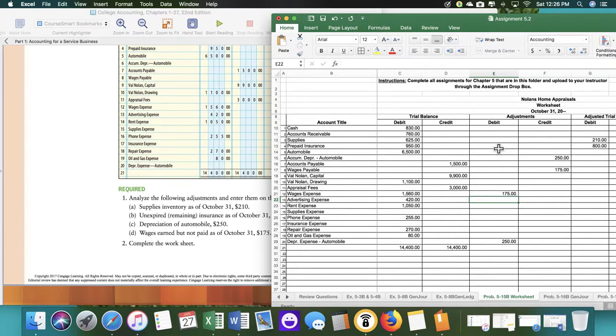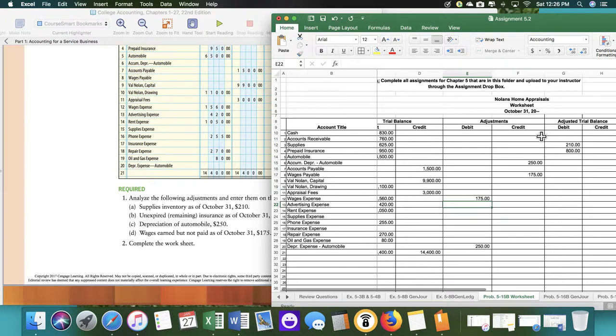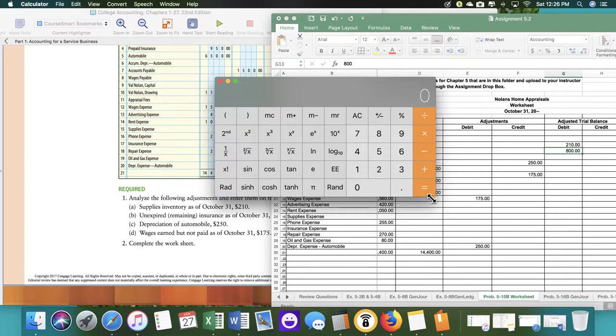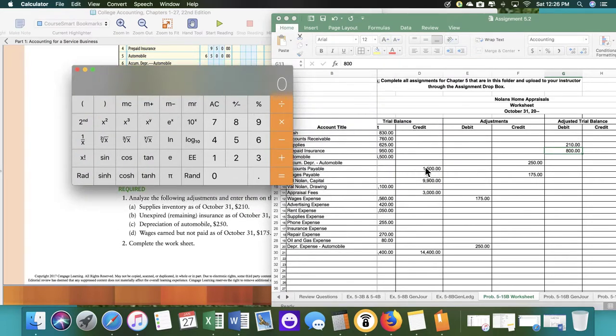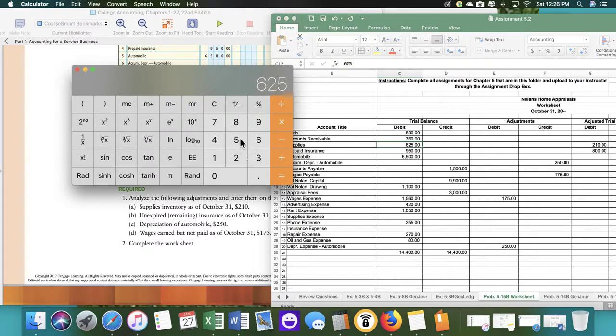And so now we just have to calculate the amount of the adjustments for prepaid insurance and supplies. So for supplies, we are going to take our beginning amount from the trial balance. That is $625. And we're going to subtract the $210 left in the account.